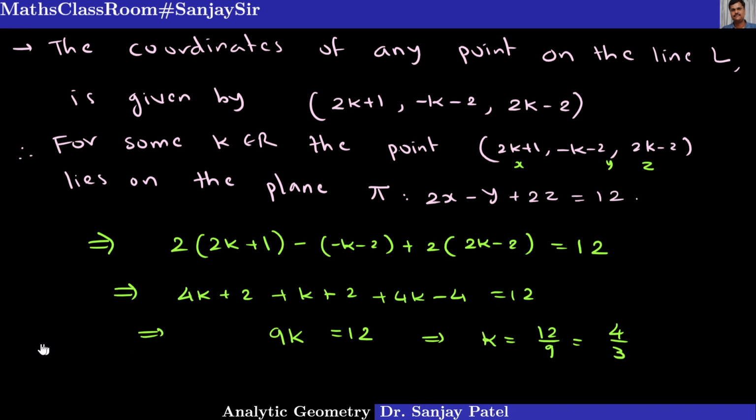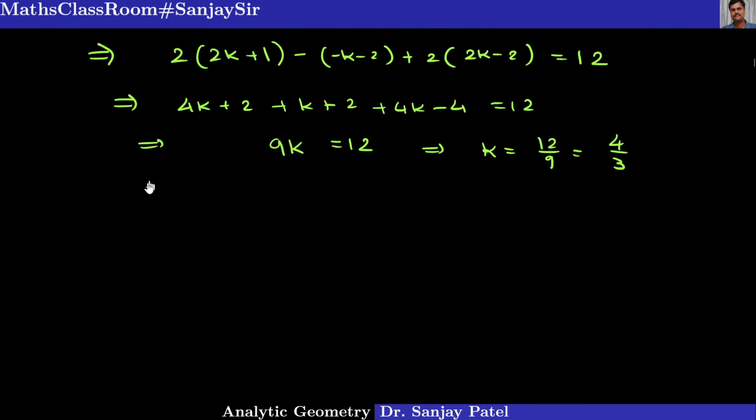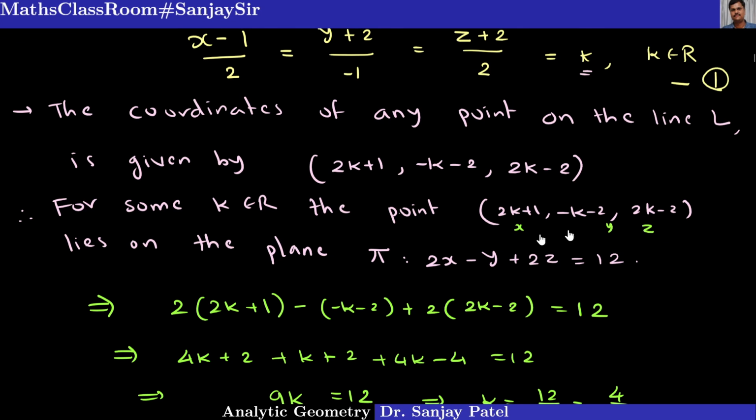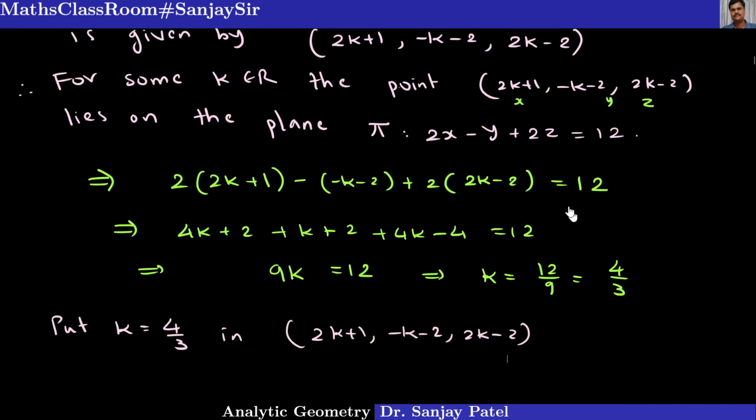So for this k, the coordinates of the point of intersection: if I put k is equal to 4 by 3 in this point, which is (2k plus 1, minus k minus 2, 2k minus 2), an arbitrary point on this line, which for k equal to 4 by 3 is on the plane, what I will get is (2 into 4 by 3 plus 1, minus 4 by 3 minus 2, and 2 into 4 by 3 minus 2).